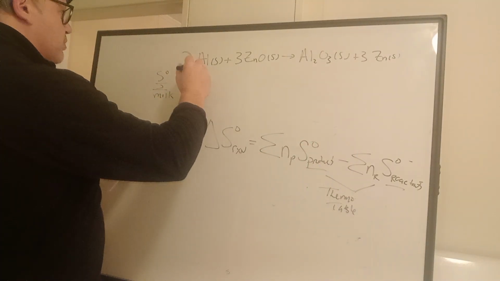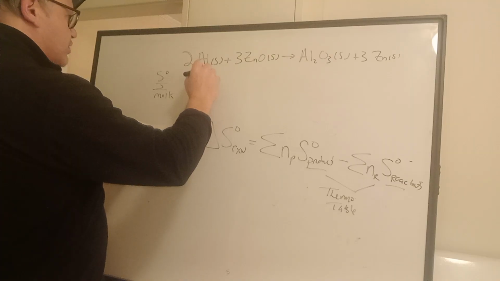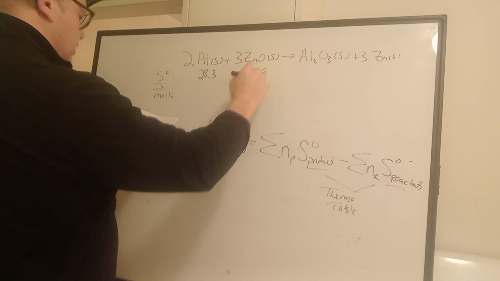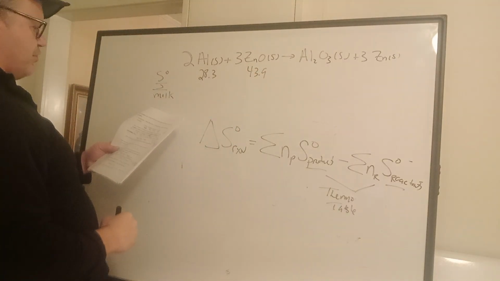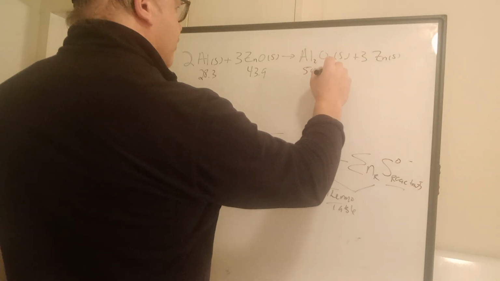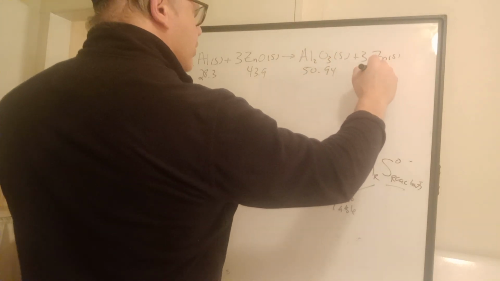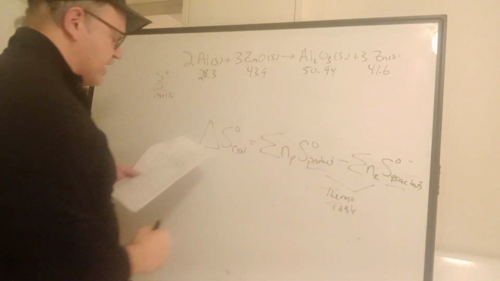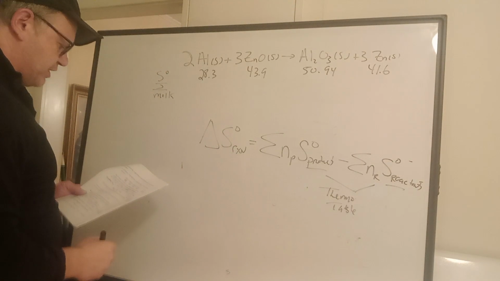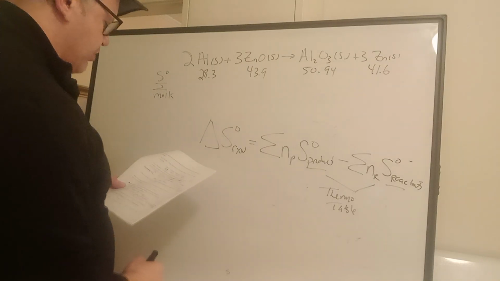So each aluminum on there is 28.3, and for the others 43.9, 50.94, 41.6. If you see a negative number, you're in the wrong column, because these will always be positive numbers.